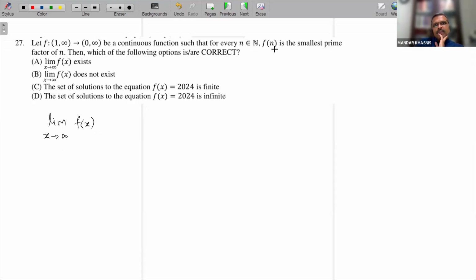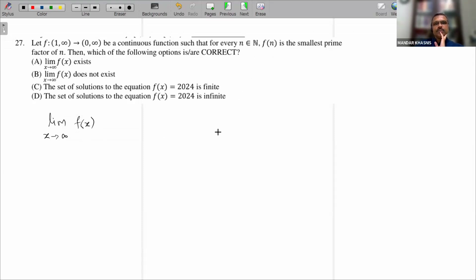Understand, at every even natural number, the smallest prime we are seeing is 2. So as x tends to infinity, the problem is that at every even integer f(x) will become 2. But otherwise it will become larger and larger for every prime, because if n is prime, then f of p is p itself.